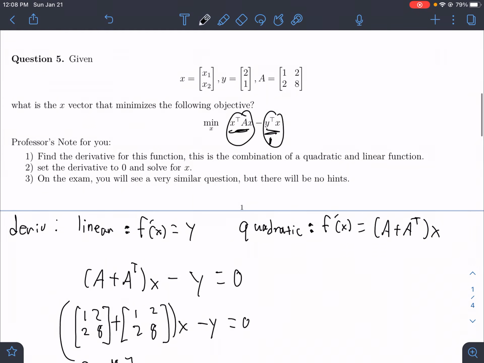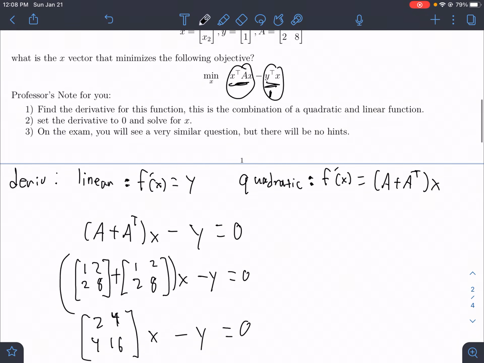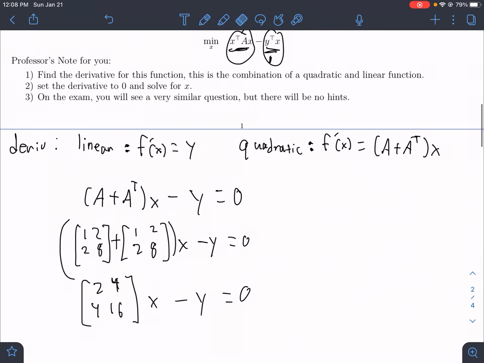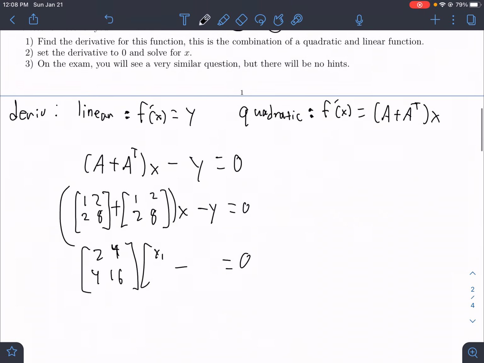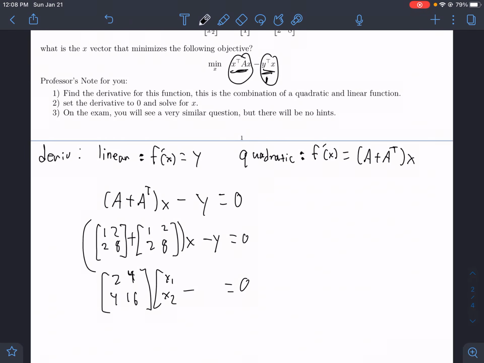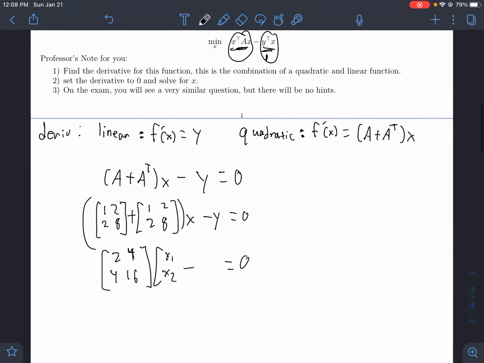Now x is a vector, and y is [2, 1], so I'm going to replace these: x1, x2, and [2, 1].